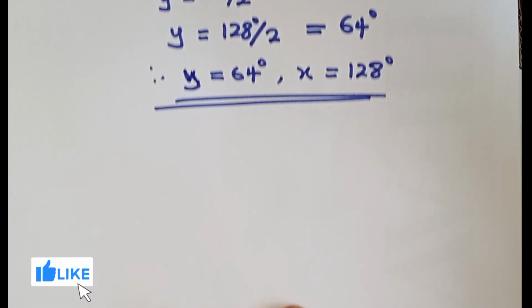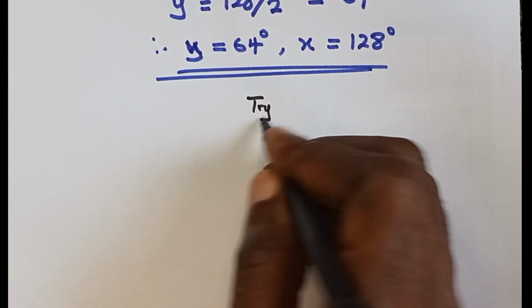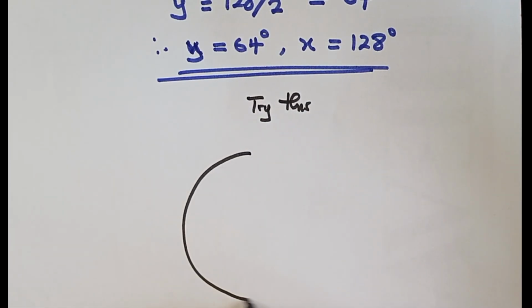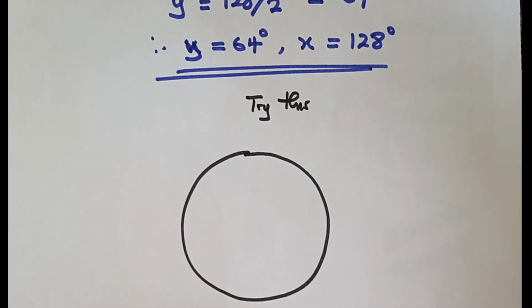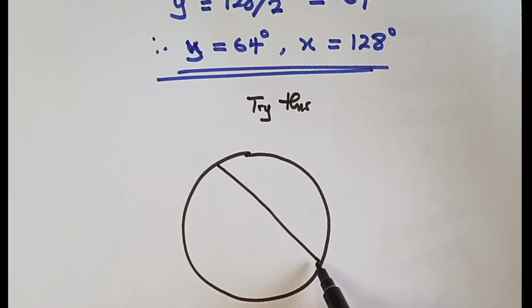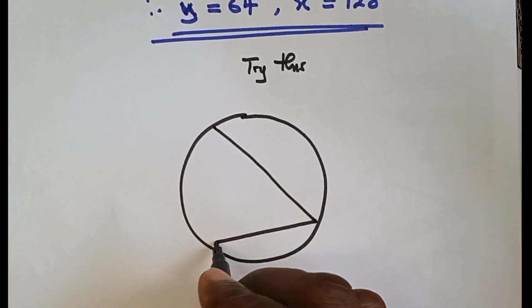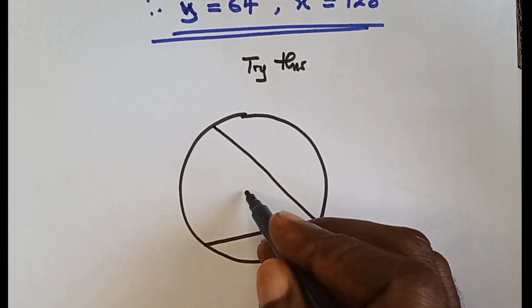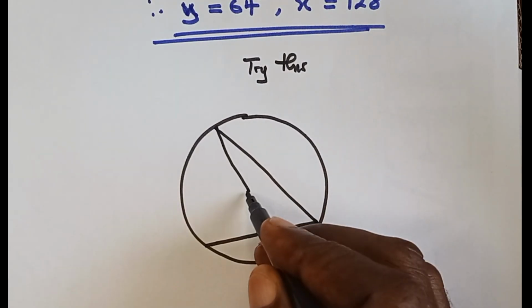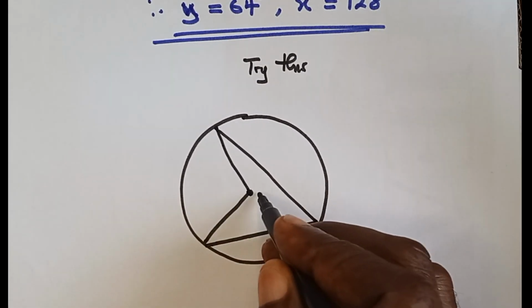Alright, so let's do something very similar. Now let's try this. We have a circle, and then we have this. This is the center of the circle.